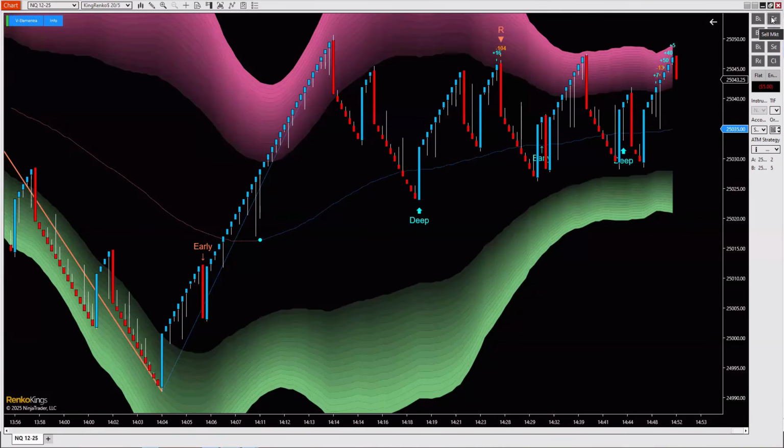Yes, unfortunately, as soon as we started, they stopped moving. So those are the breaks. Let's see if we can get a reversal signal here.